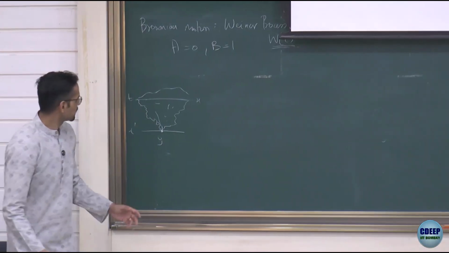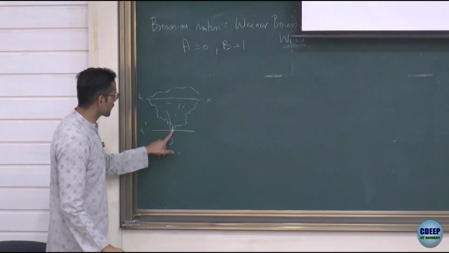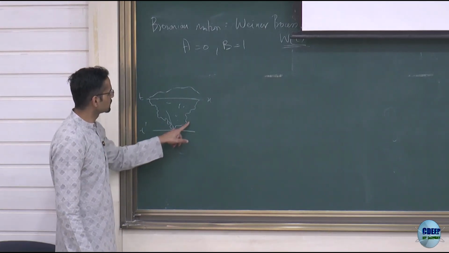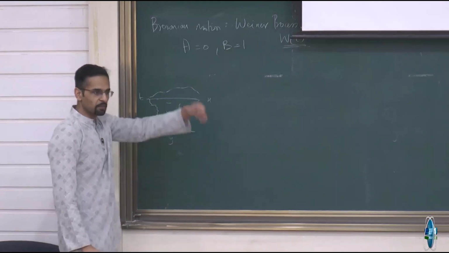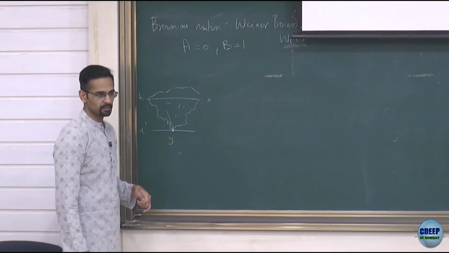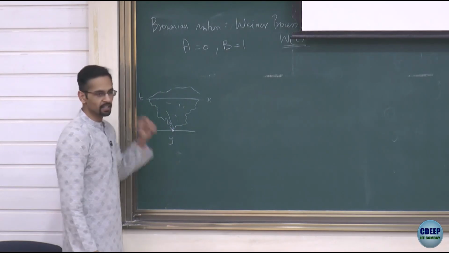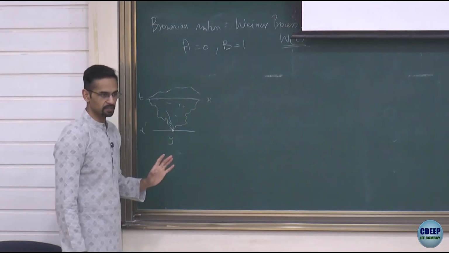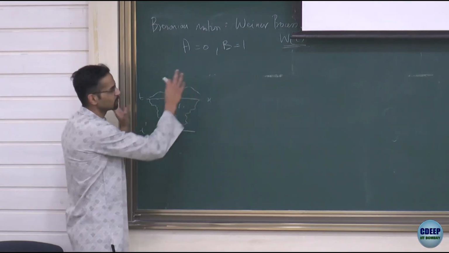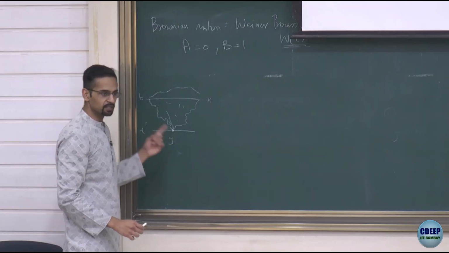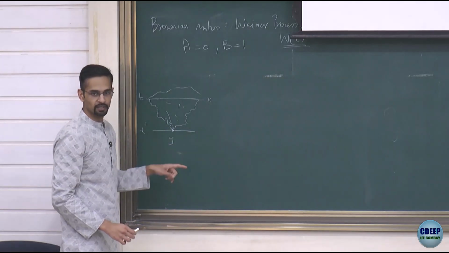Okay, so let's take a Brownian walk. So you start here, and W is how the position of the particle evolves in time. Each trajectory is a different realization of this capital W of t. But now if I do many such trajectories, I can always look at the distribution, small p over w.